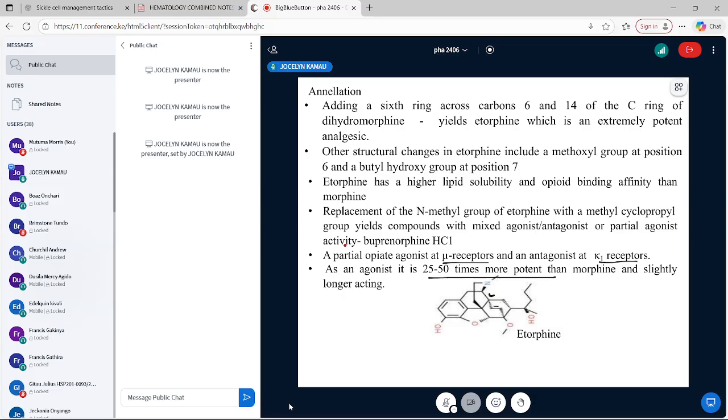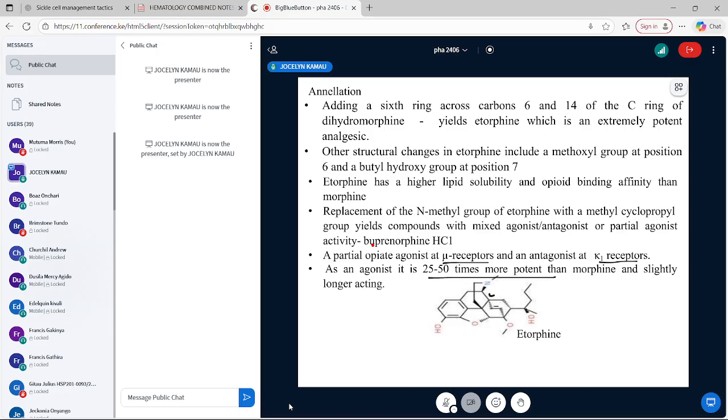Indeed, it is more potent than morphine, but it is not as efficacious as morphine, because in some of the functions, especially respiratory depression and euphoria, it is not as efficacious, although it could be as efficacious in terms of analgesic activity. And therefore it is less toxic. When you compare buprenorphine with morphine in terms of toxicity, buprenorphine is safer.